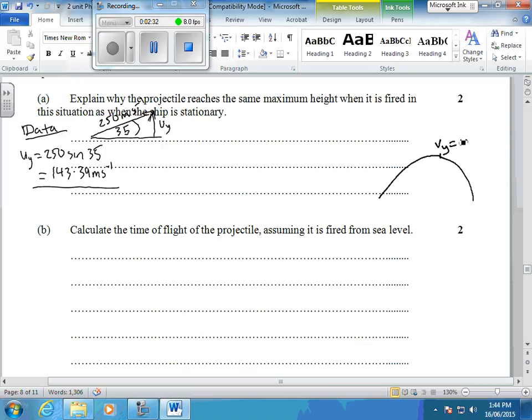I also know AY equals minus 9.8 meters per second squared. Vy at max height is 0, at delta y as I call it. Now all I need to do is choose the correct formula. V equals U plus AT will do it for me.